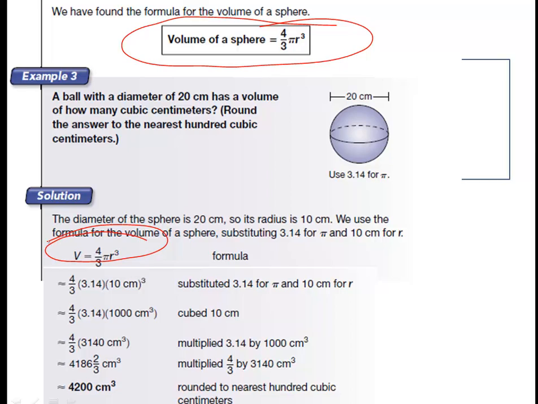The diameter is 20, so the radius is 10. We've got to cube that. So now we have 4/3 times 3.14 times 1,000, which is our radius cubed. 3.14 times 1,000 is 3,140. We multiply that by 4 and divide by 3, and this becomes our answer.